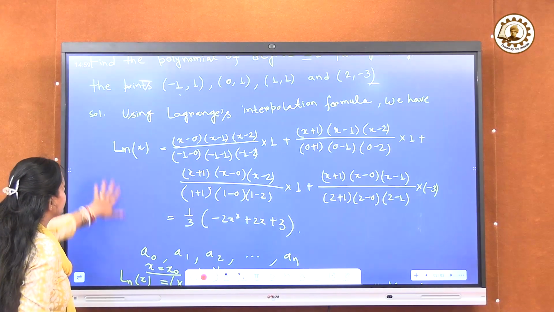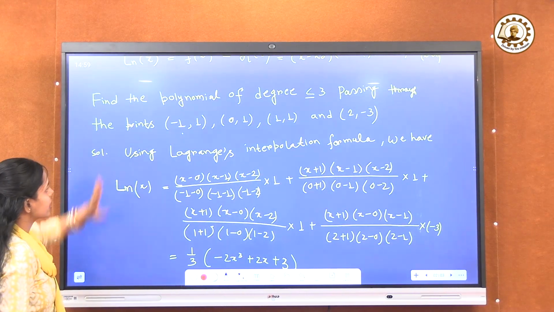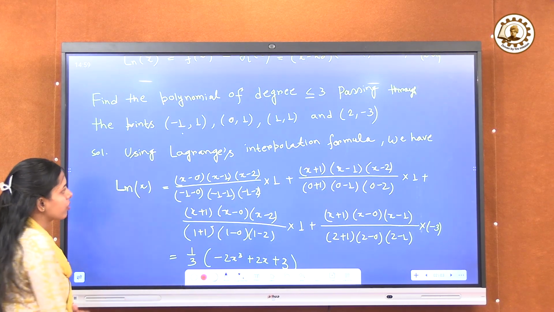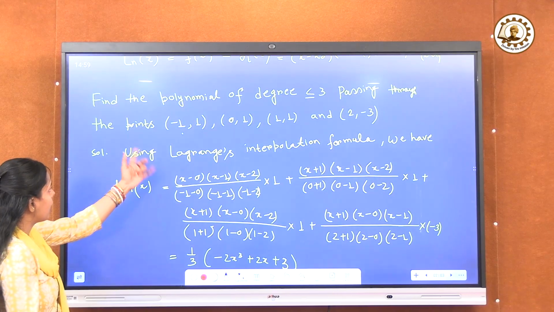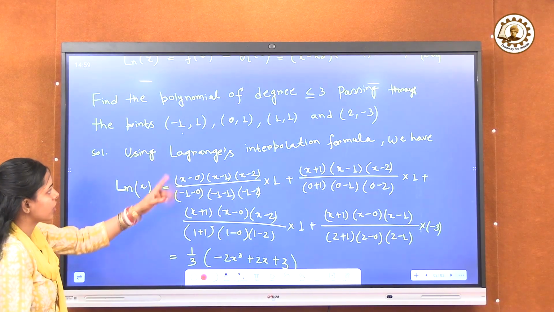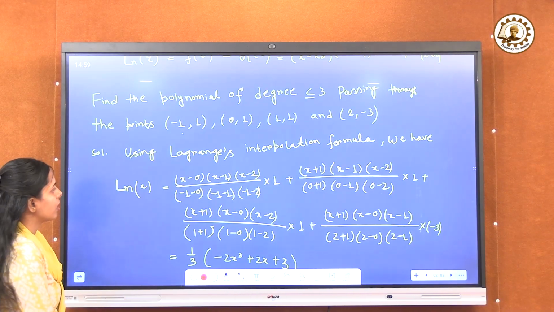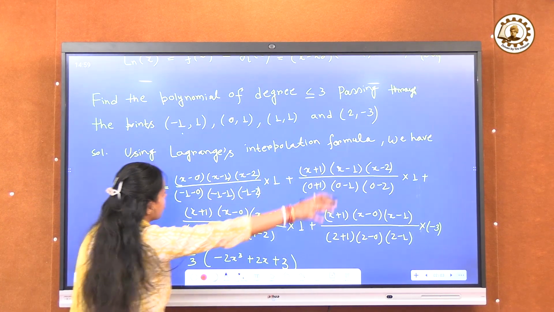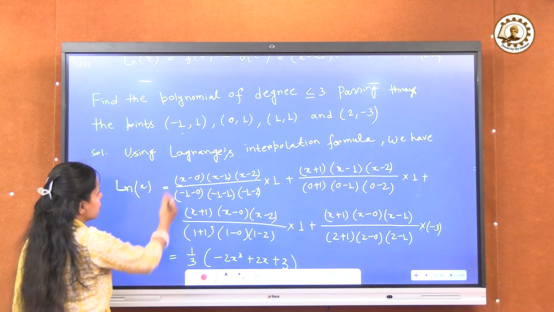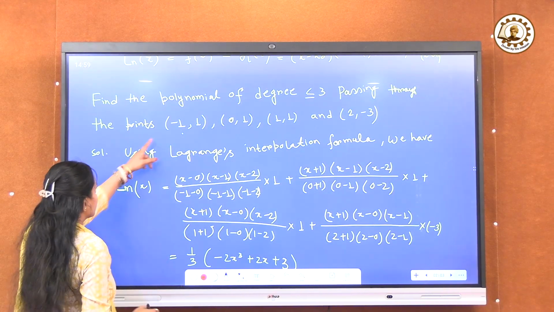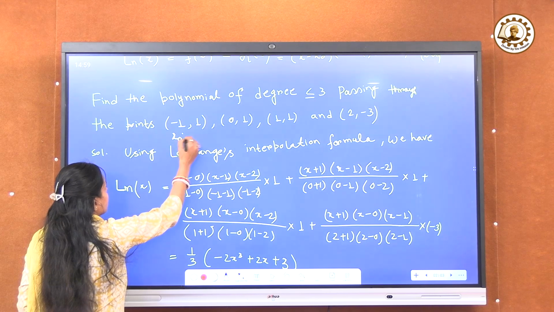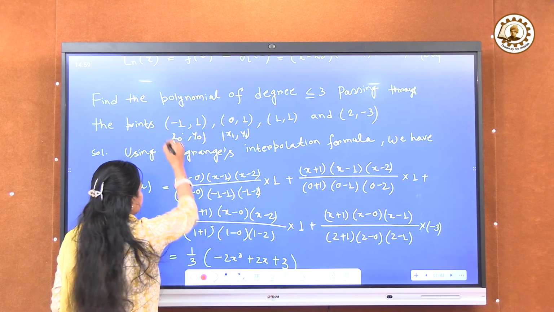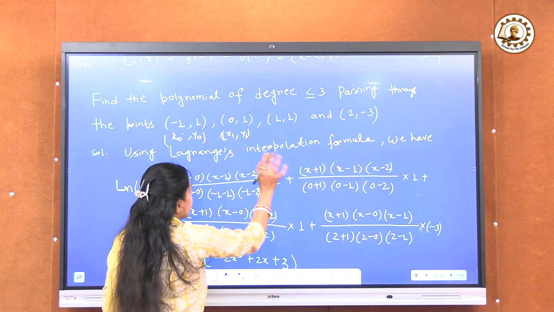Now we take an example, and here we apply how to use Lagrange's interpolation formula. We get a polynomial of degree less than or equal to 3. So using Lagrange's interpolation formula, Ln(x) equals (x minus x0). So here (x0, y0), (x1, y1) are the points, and they are not necessarily equispaced.